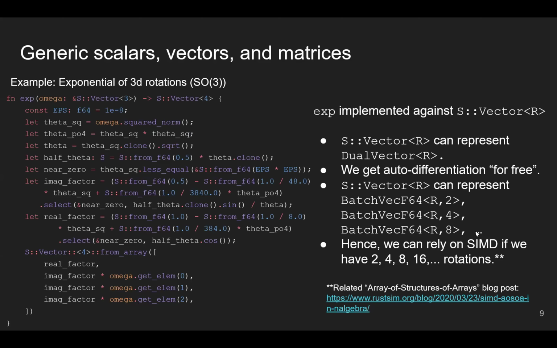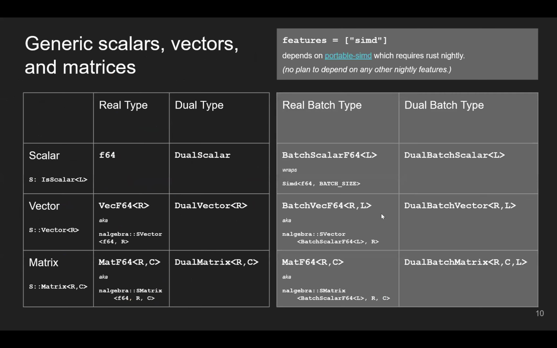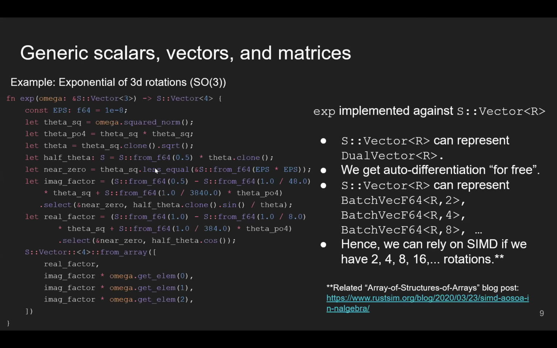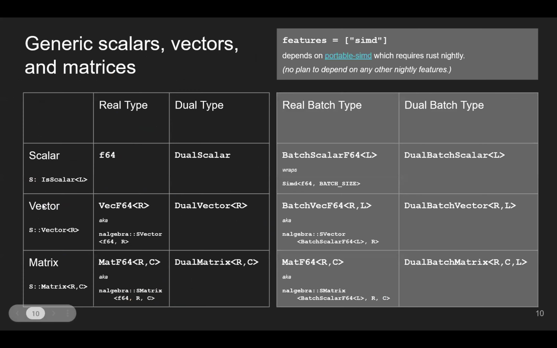For instance, if you have a use case where you don't map a single rotation, or a single exponential of a rotation, but 8, you can instantiate the batch vector type, and it should be more efficient. One thing you see in the code here is the select, which is basically an if condition, but it works for batch types. Okay.